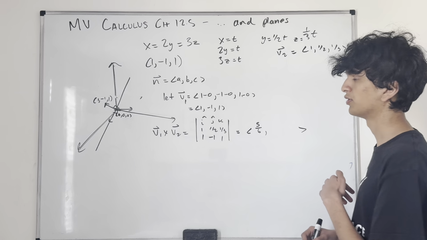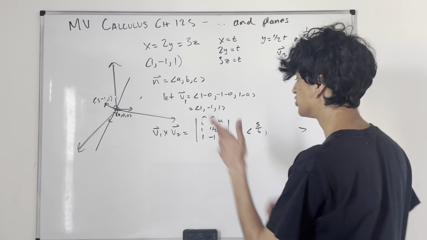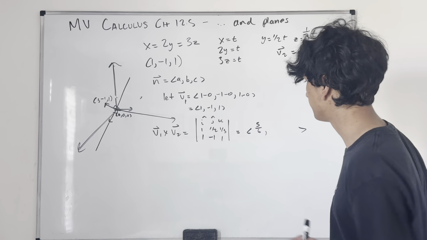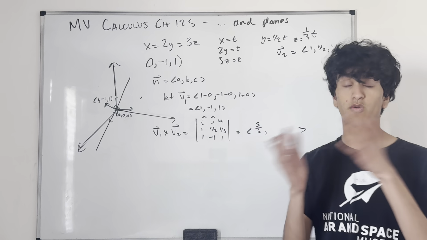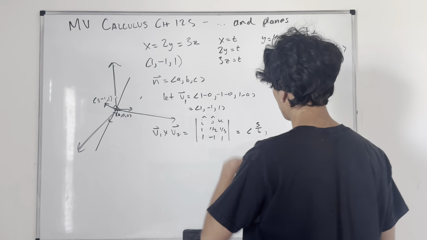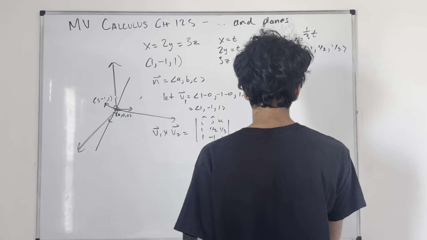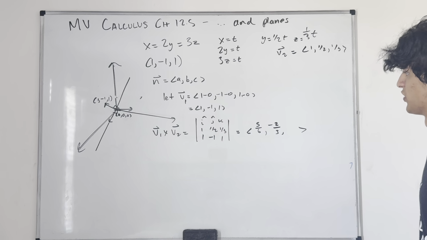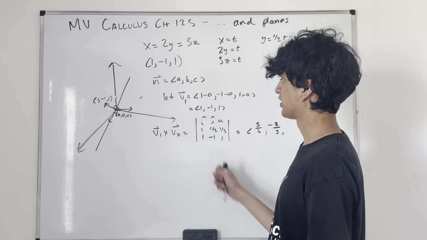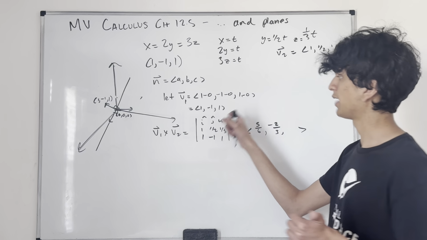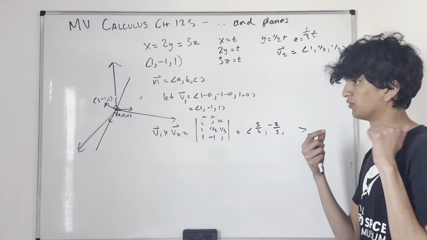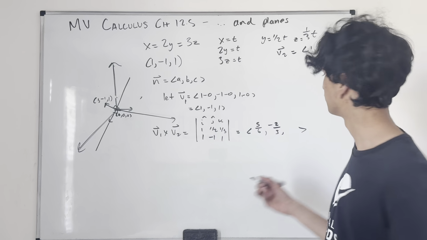So 1 minus 1/3 is 2/3, but it's going to be the negative of that, because the y component is the negative when we're taking the determinant. So negative 2/3. And for k, 1 times negative 1 is negative 1, 1 times 1/2 is 1/2, so negative 1 minus 1/2 is negative 3/2.